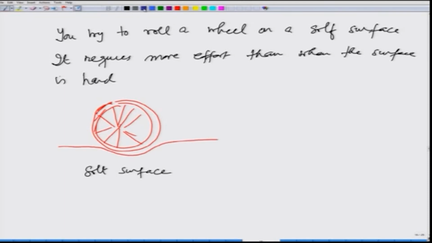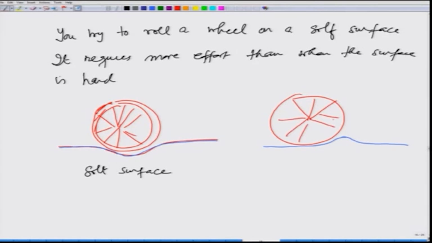The surface deforms like this, or it may so happen that the surface may deform by forming a bump in front of the wheel. On the other hand, on hard surface the deformation may not be that much.